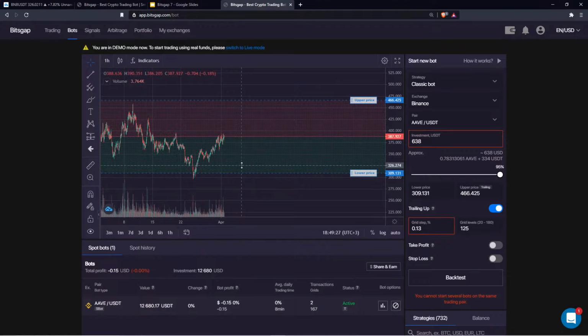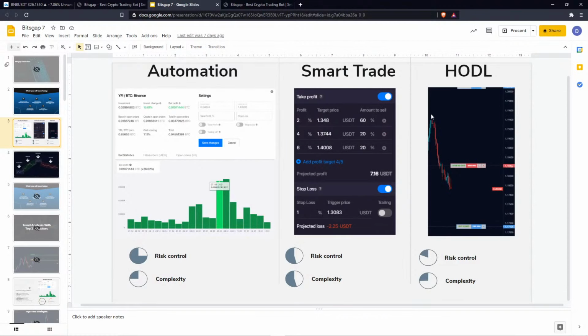Now we should talk about the Hodl strategy, and let's quickly go back to the presentation. So the Hodl is the easiest one, the one where you test most of your luck and the most insecure strategy that you can possibly find in any market, like in the stock market and forex market.